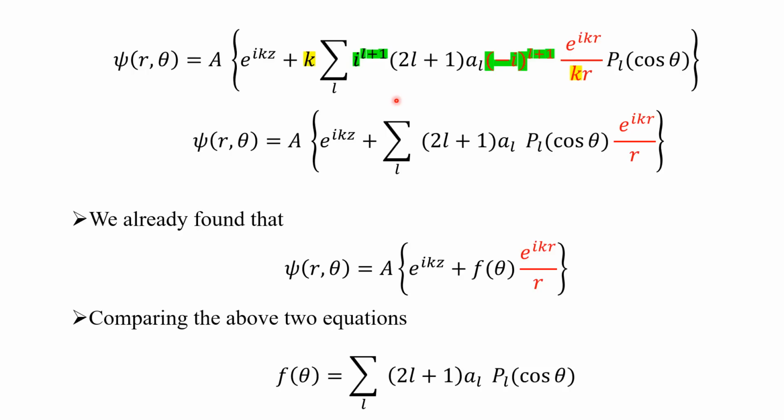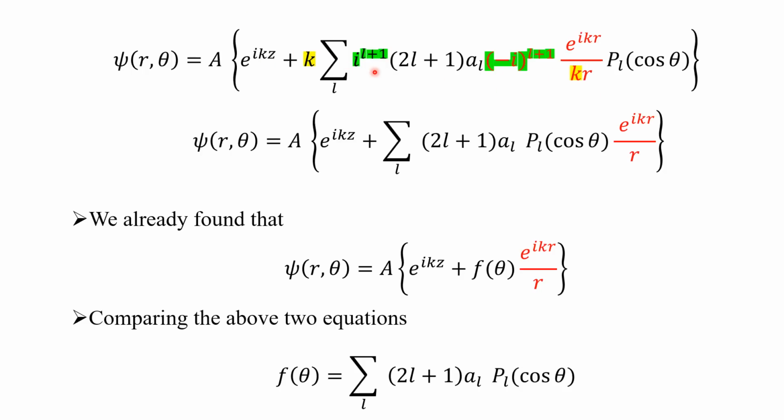I want to simplify this expression further. You see here 1/k in the numerator outside the summation, and here 1/k in the denominator, which I have shown by yellow highlight. So both will get cancelled.